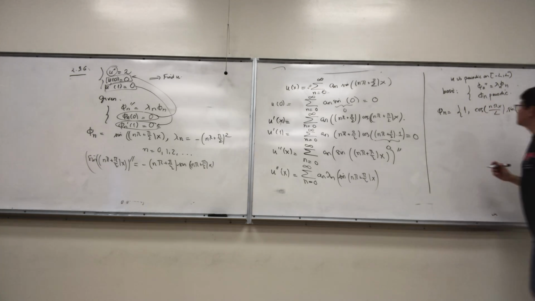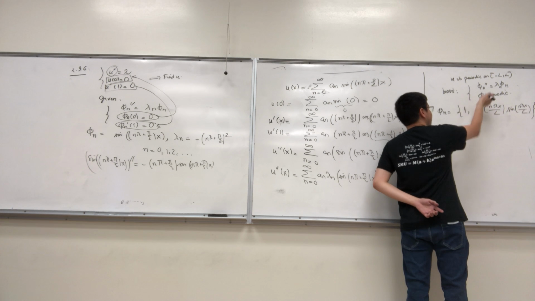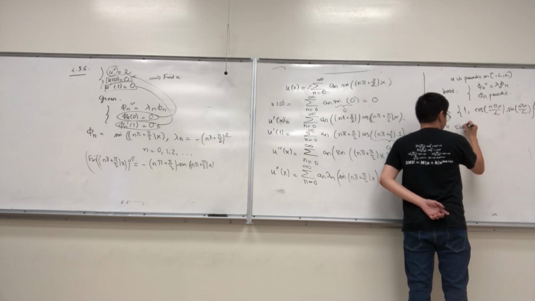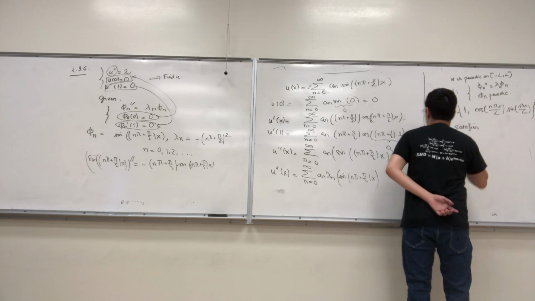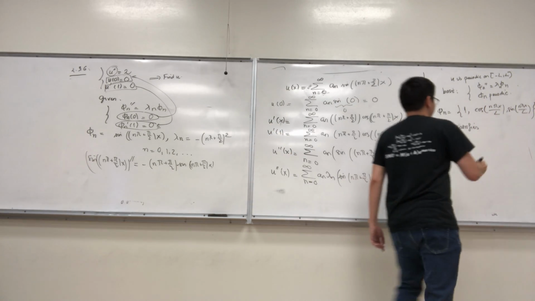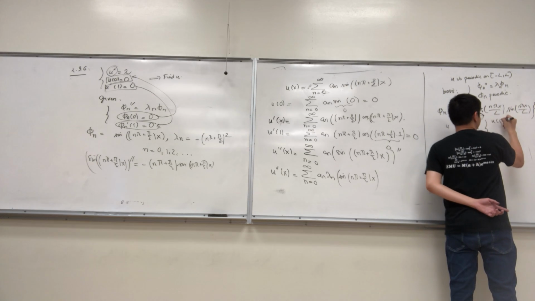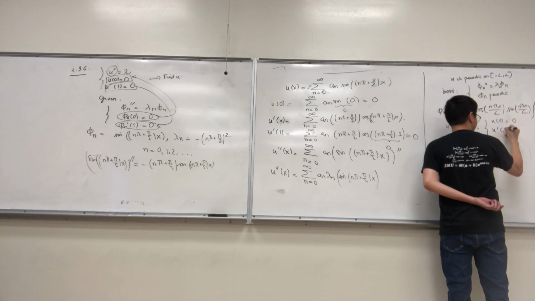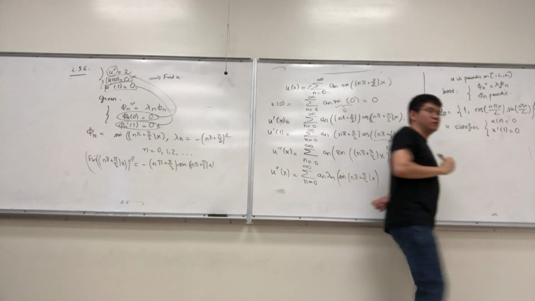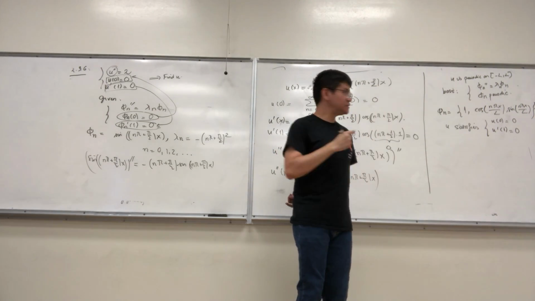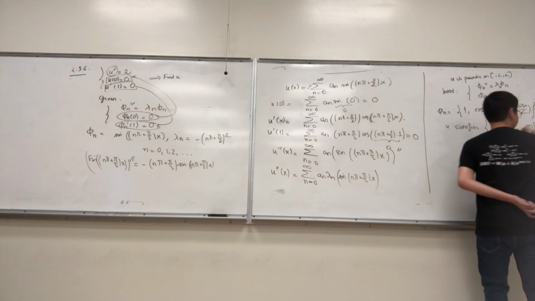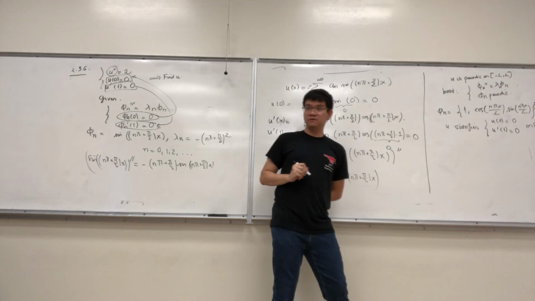Clear? Now, if u is not periodic, but satisfies u at 0 is 0, and u prime at 1 is 0, right? So this is on 0 to 1. Good.